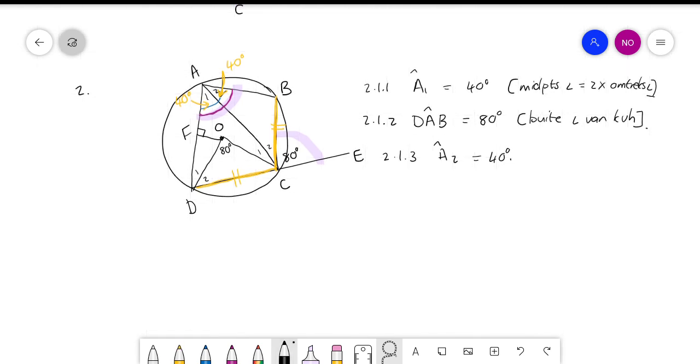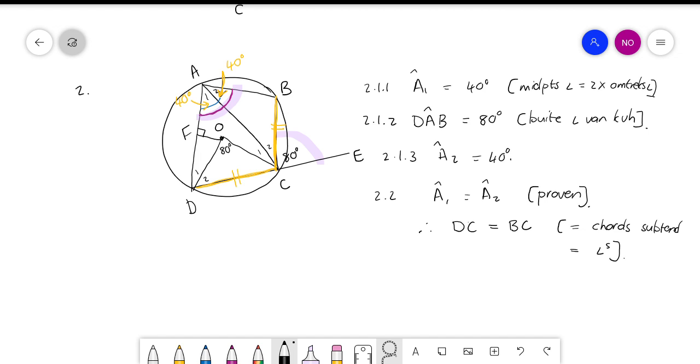We expect you to be able to do those. 2.2 is a bit more difficult, but because you have proven that A1 is equal to A2, you can deduce that DC is equal to BC. Equal chords subtend equal angles.